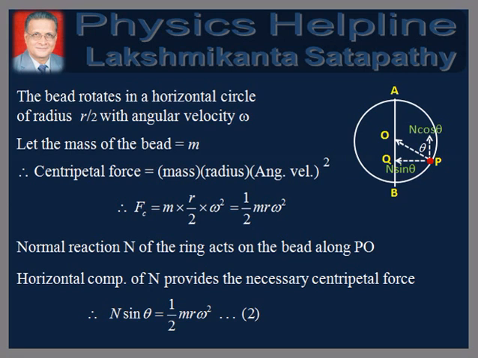Normal reaction N of the ring acts on the bead along PO. Now, the horizontal component of N provides the necessary centripetal force. Therefore, we have N sin theta is equal to half m r omega square.